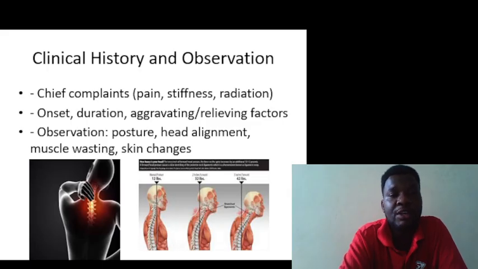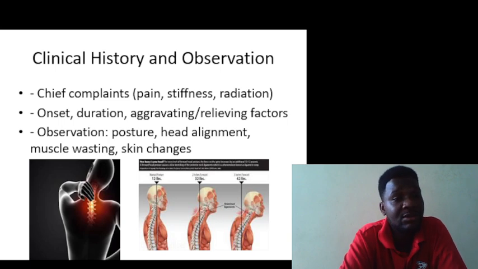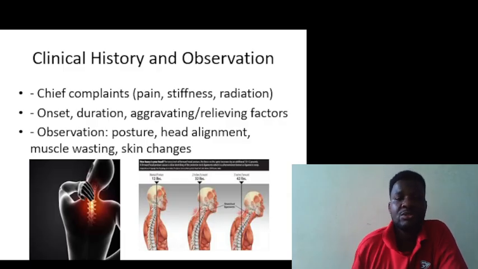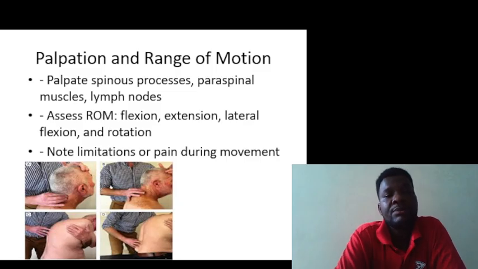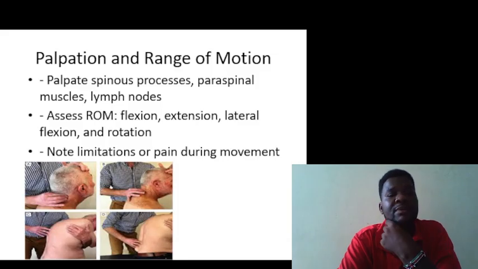We go to observation of the posture. Also, we see how the patient behaves normally and whether there is deviation in the posture and muscle. On palpation and range of motion, we palpate the spine. Sometimes we can feel changes which deviate from the normal alignment of the spine.